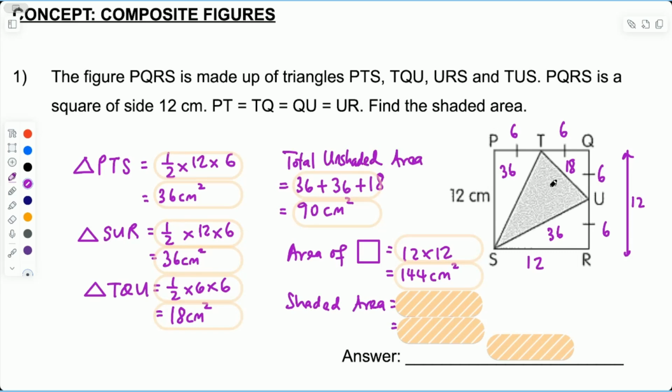The shaded area will be the area of the entire square, 144 cm squared, minus the total unshaded area, which is 90 cm squared. That gives us 54 cm squared. And that's the answer to this question.